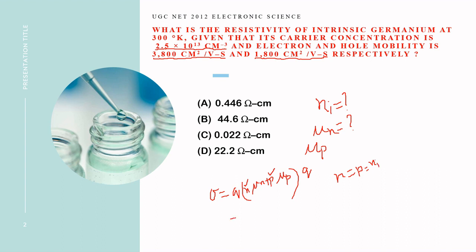So what can we write? We can write Q into Ni into mu n plus mu p. So we get the value of electrical conductivity.